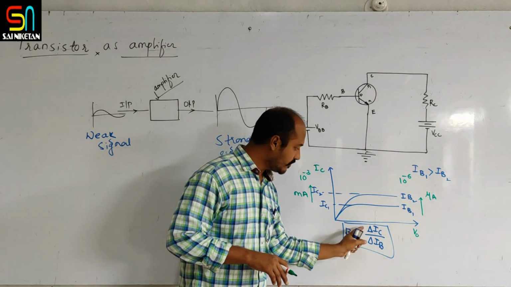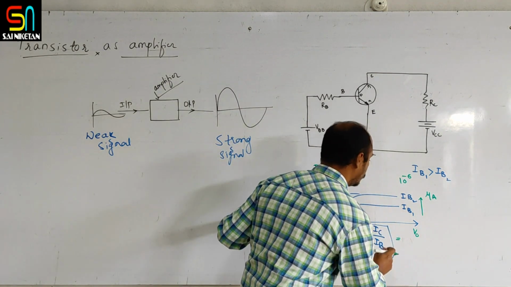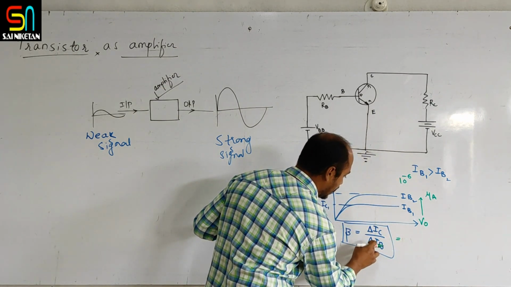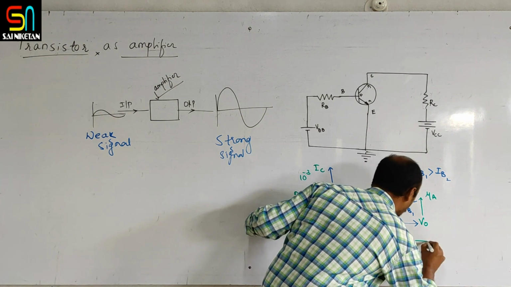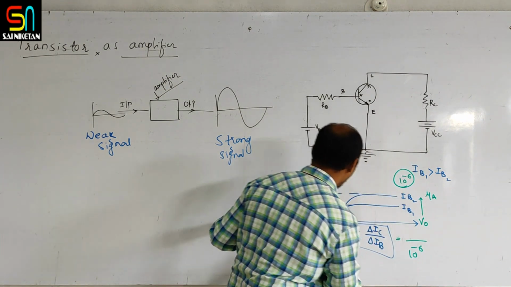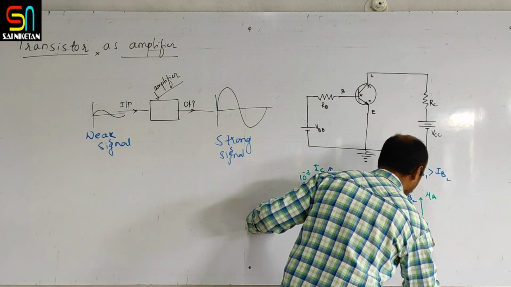Are you getting it? I am just explaining this. The input increment is taking place in terms of 10 raised to minus 6, and the output current is increasing in terms of 10 raised to minus 3.